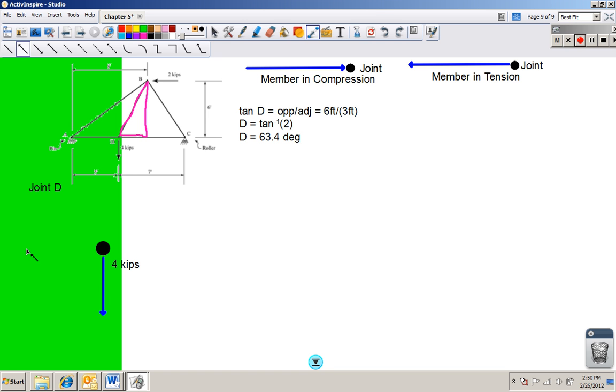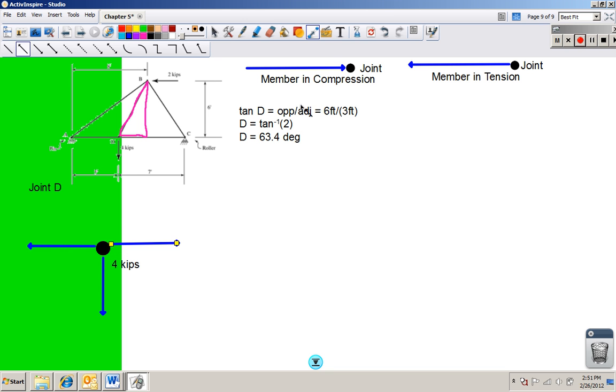When we draw it in tension, the arrow points away from the joint. And then we also found that CD was also in tension, so we have to draw it in the same way.